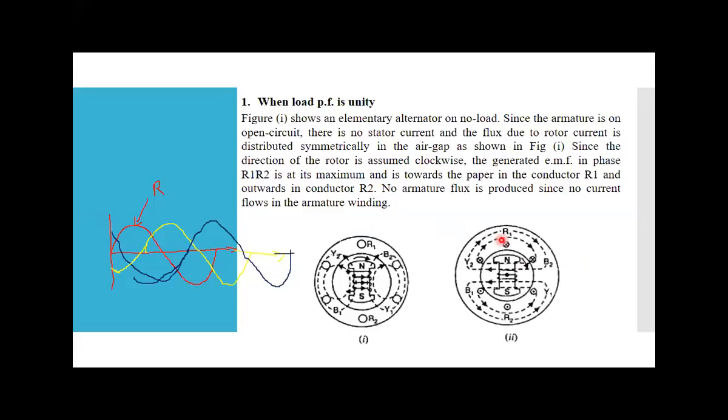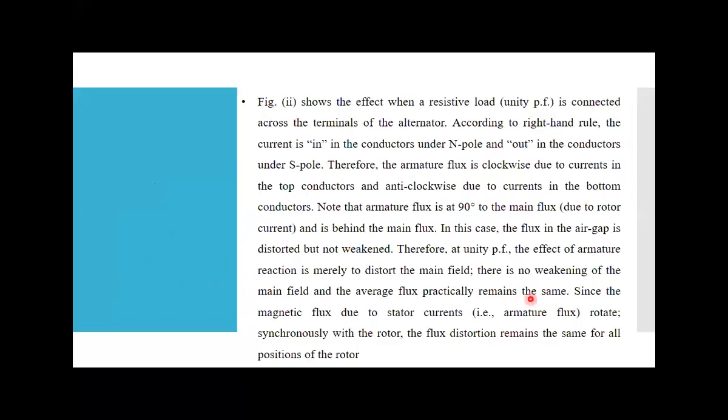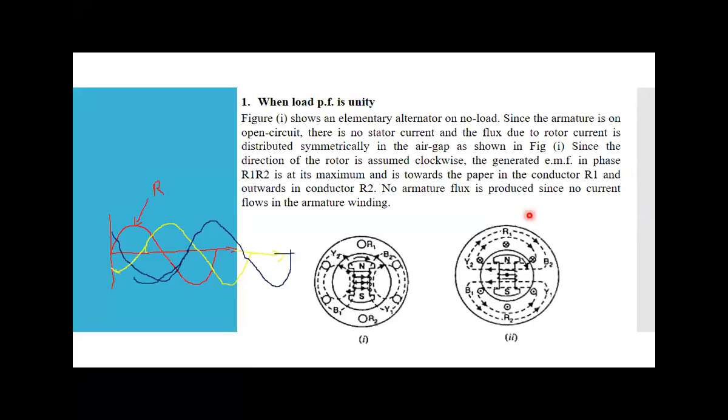So you can see here for the upper conductor the direction of the flux is clockwise, and for the lower conductor the direction of flux is anti-clockwise. So the armature flux is clockwise due to the current in the top conductors and anti-clockwise due to the current in the bottom conductors. Okay. So note that the armature flux is at 90 degrees to the main flux.